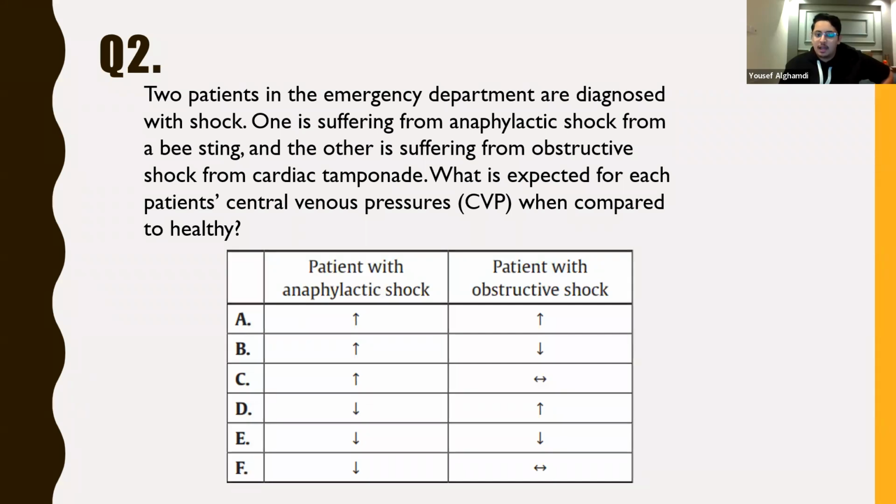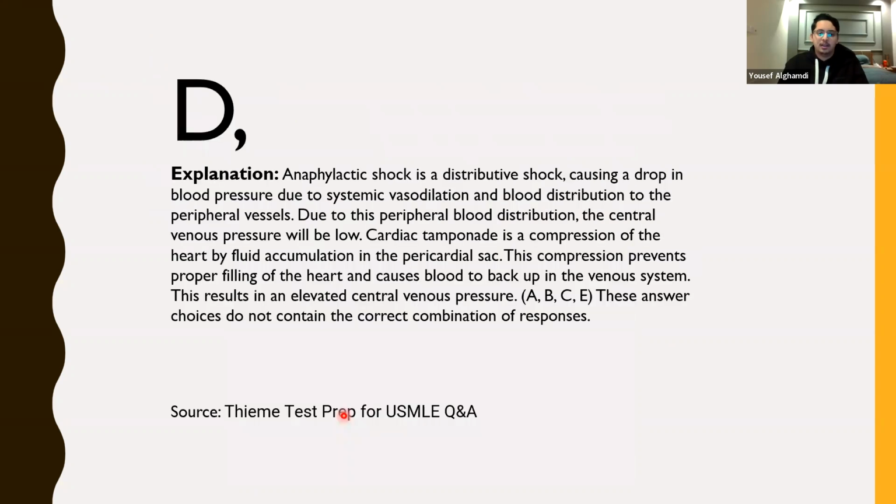Does anyone have any idea? Yeah, it will increase. Yes. So by default, D is the right answer, right? Yeah, so D is the right answer. Okay, good. So that's it for shock.